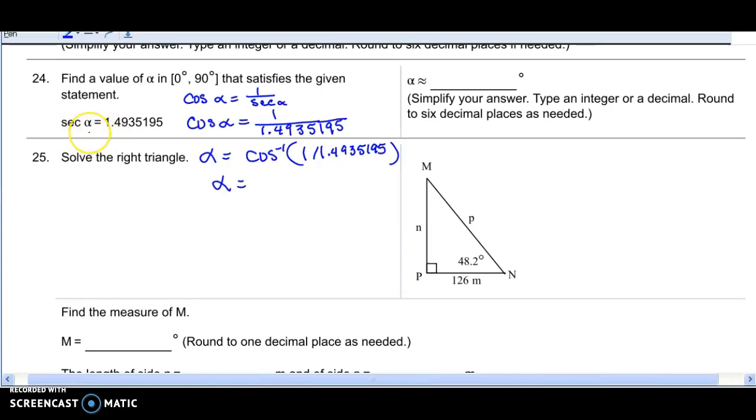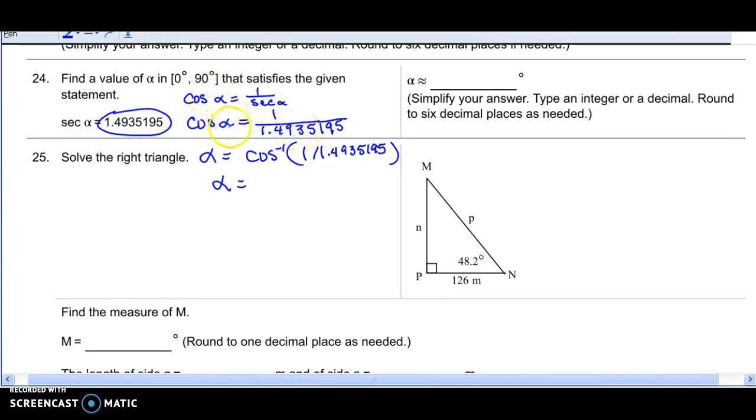Or I could say cosine is 1 over secant. So I want to write the secant in terms of a cosine, so cosine is 1 over secant. Well, I know what the value of secant alpha is. It's this number right here. So if secant alpha is this, cosine alpha is 1 over that.